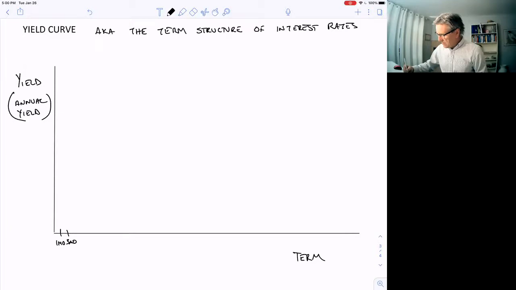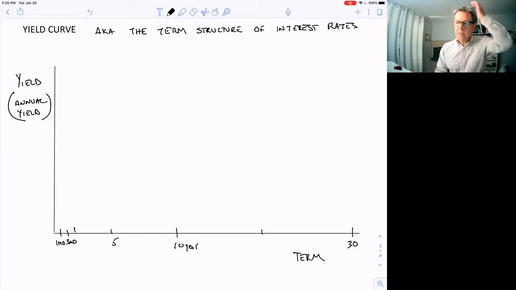And out here might be the 30-year bond. So we'll say here is the 10-year, and here is the 5-year, here's the 1-year. Because we could put the 20-year out here too. The US government doesn't make a 20-year bond, but I've heard some noises that they like to do that.